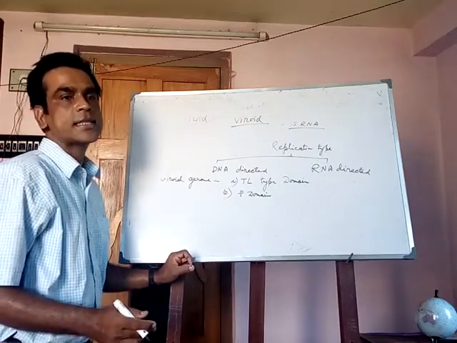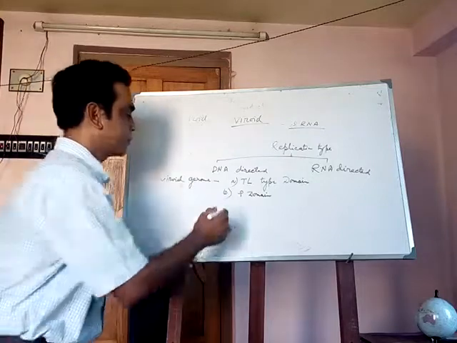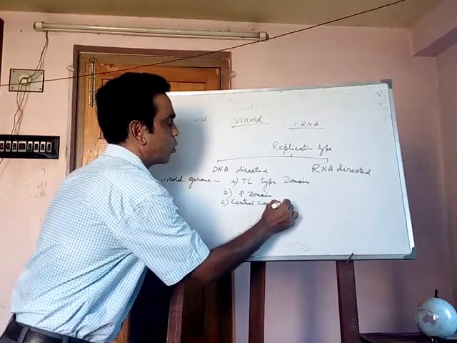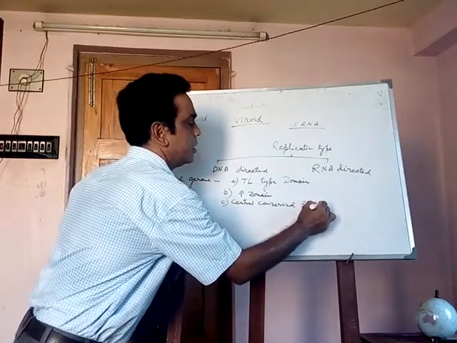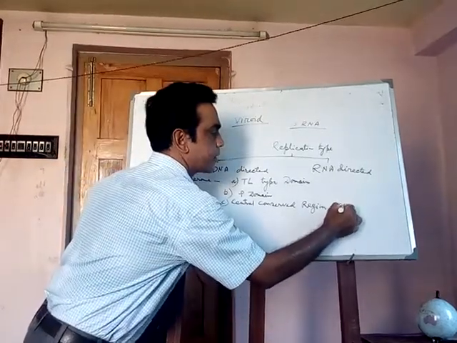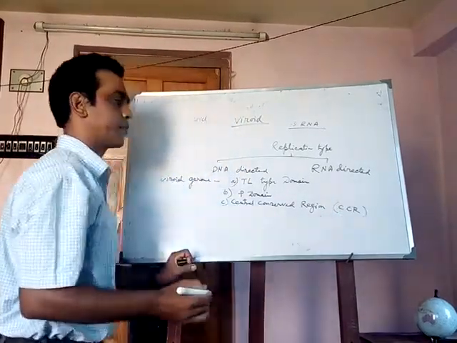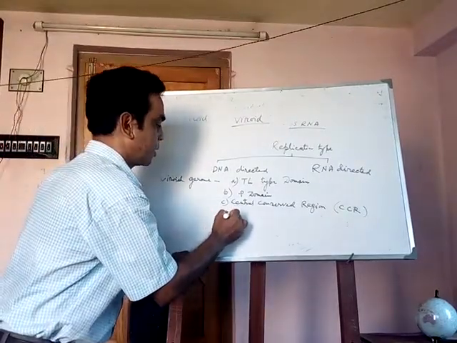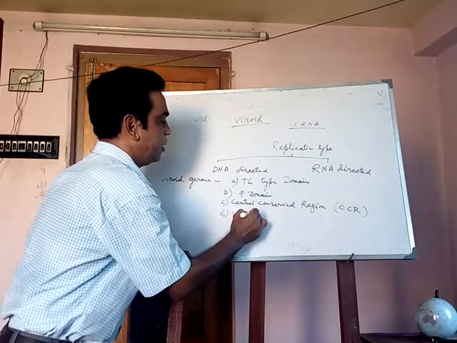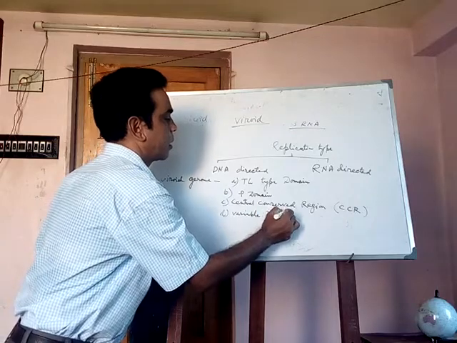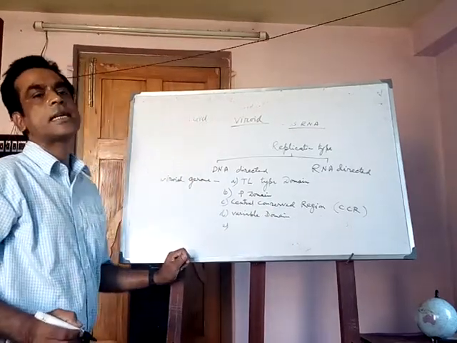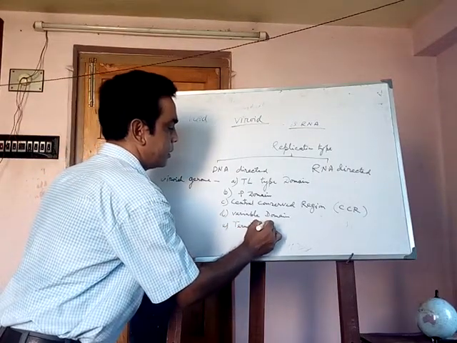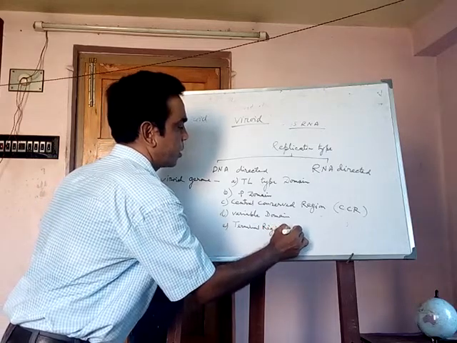Then the central conserved region, that is CCR. And the variable domain. And last is the terminal rigid domain.